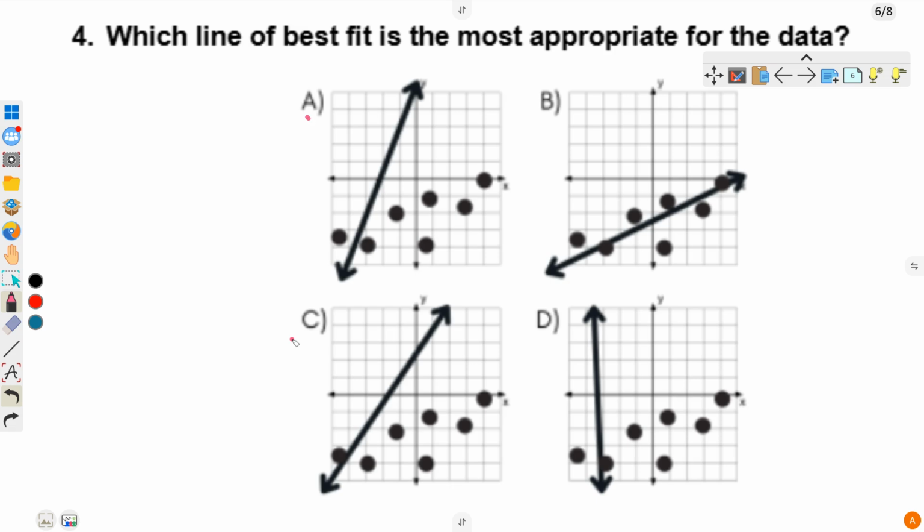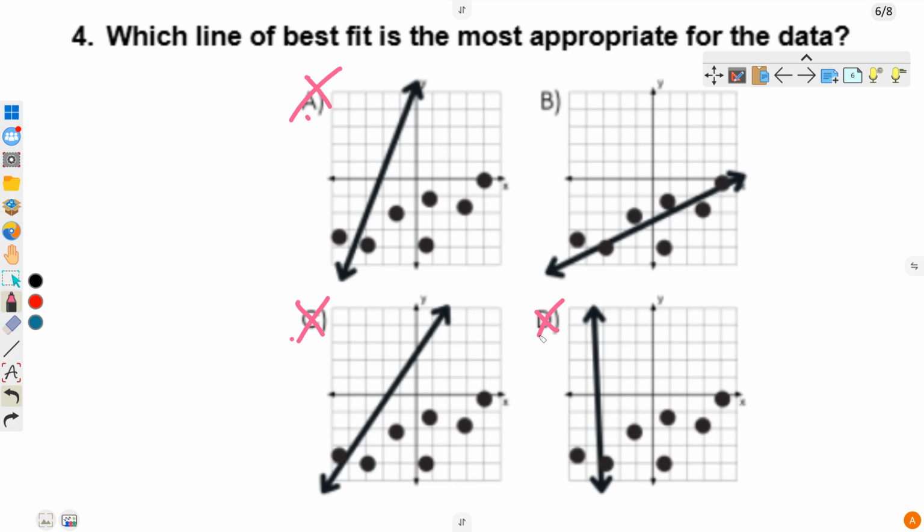Remember, best fit. Not kind of fit, not sort of fit, not a little bit fit. It is the best fit, okay? So I think I can easily say it's not those, because those lines are not in the middle of the data. Well, when I look at D, that's not even going in the right direction. It's definitely not that one, okay?